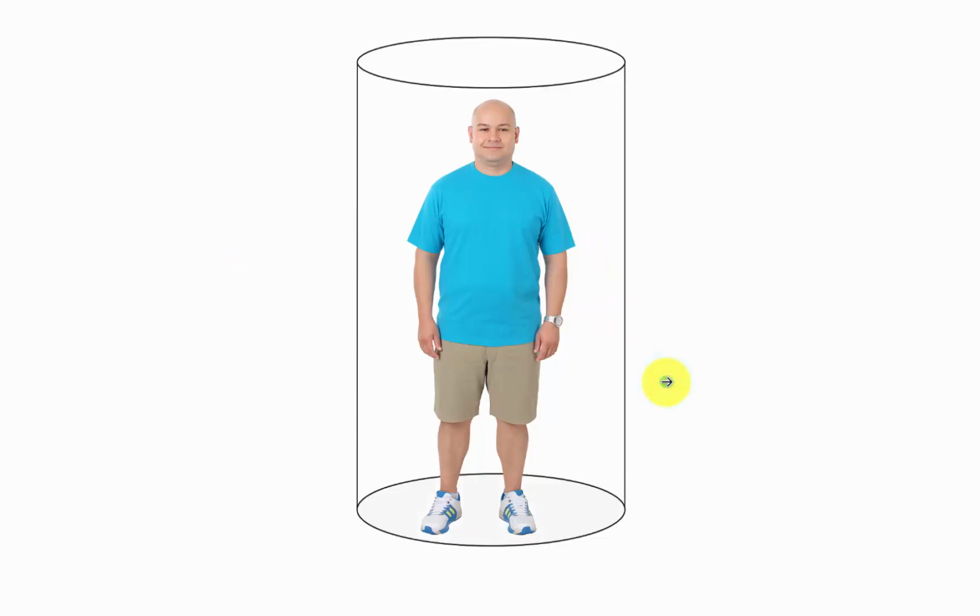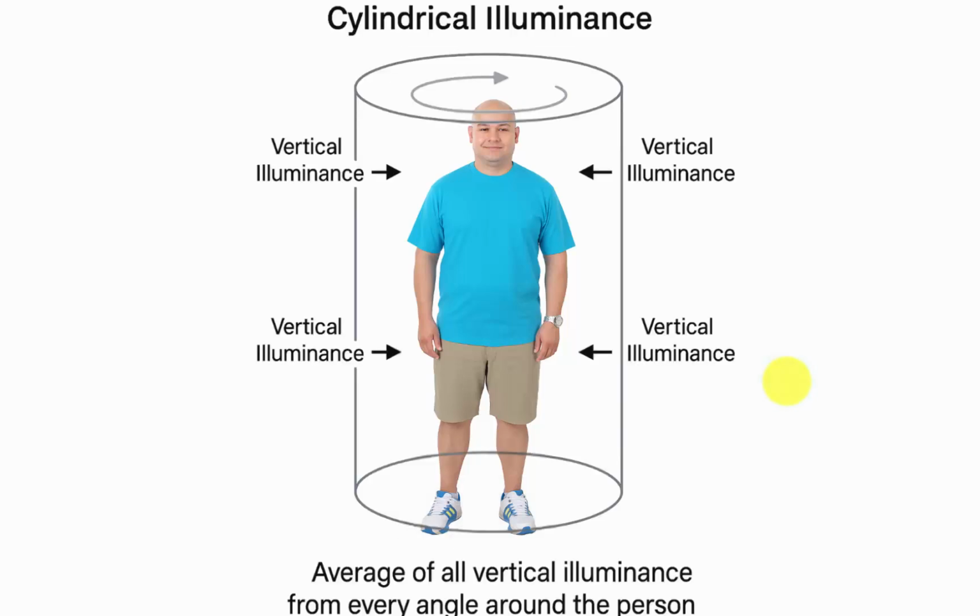If it's 3D, we need to calculate how much light is falling on this person from all the directions. Hence, we will consider cylindrical illuminance. And we know what cylindrical illuminance is. It's the average of all the vertical illuminance from every angle around the person, like a complete 360-degree.